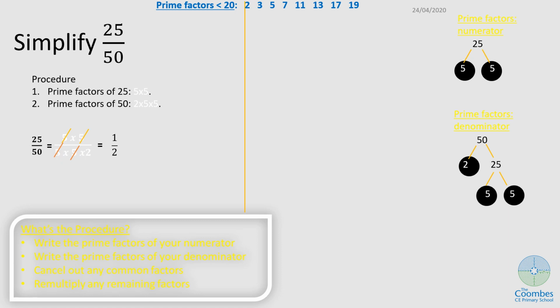And another 5 over 5 will cancel out to be 1. So at the bottom here, I have 2 remaining. So it will be 1 times 1 times 2, which is 2. And at the top, I'll have 1 times 1, which is 1. So the simplified form of 25 over 50 is actually a half.